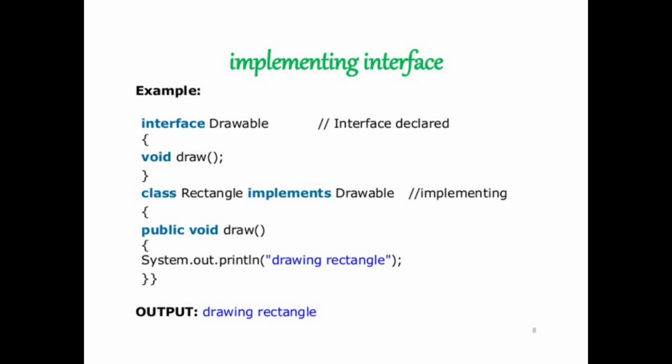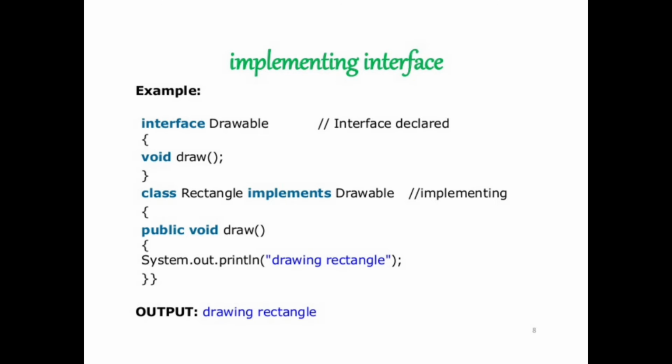An example of implementing interfaces: the interface name is Drawable, and inside the interface body is void draw open close semicolon. This draw is implemented in a class, not in an interface. Here we just declare the method.